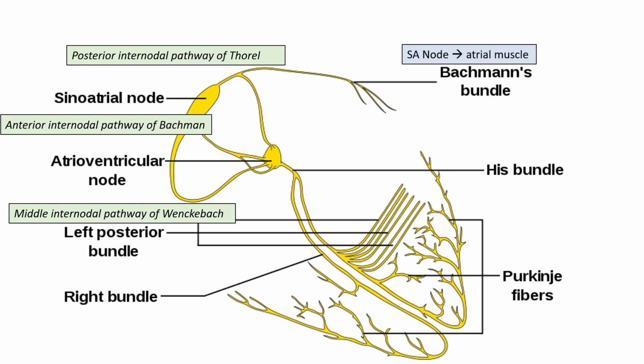Here three internodal pathways are there: the posterior internodal pathway of Thorel, the anterior internodal pathway of Bachmann, and the middle internodal pathway of Wenckebach. From the SA node to the AV node, the impulse is transmitted. From the AV node, it bifurcates into the left and right bundle branches of the bundle of His and the Purkinje fibers.